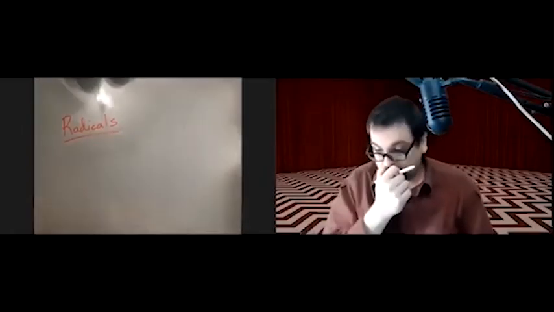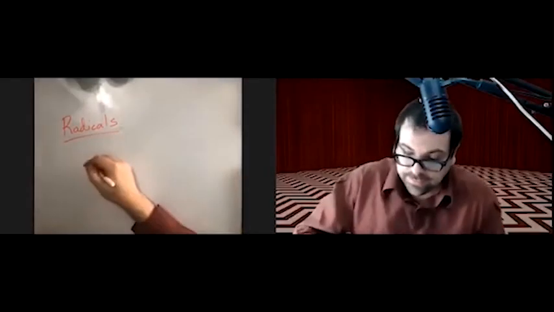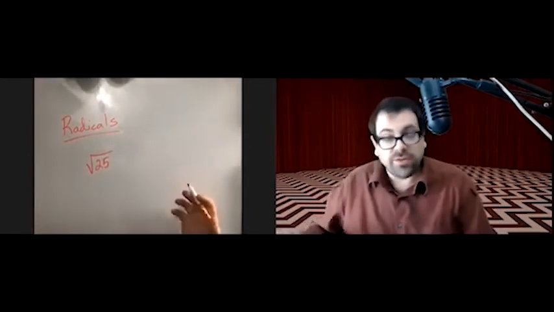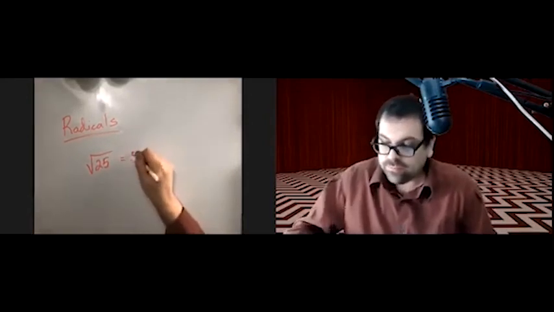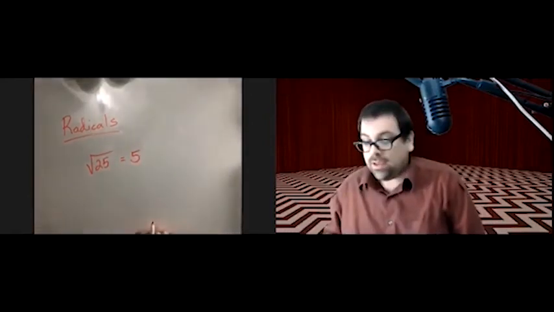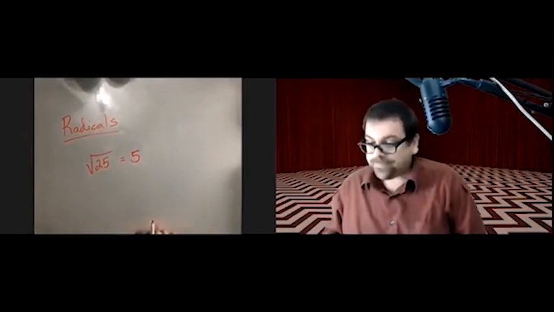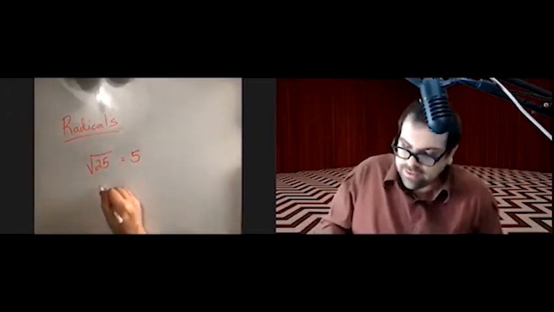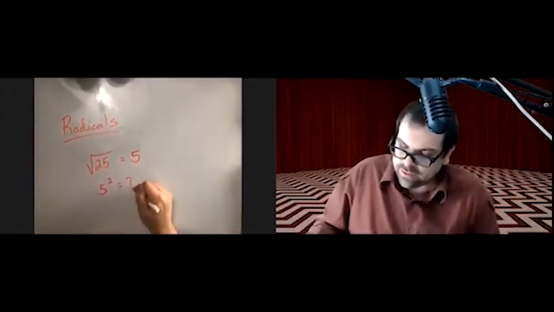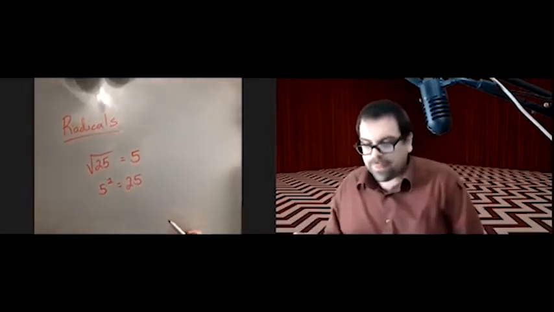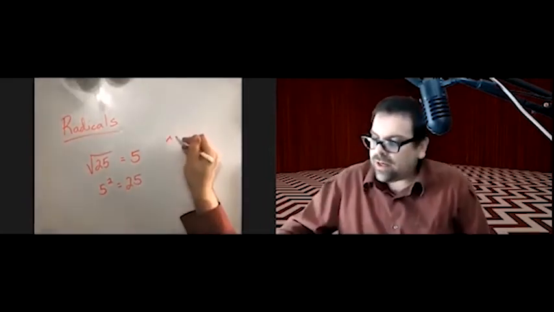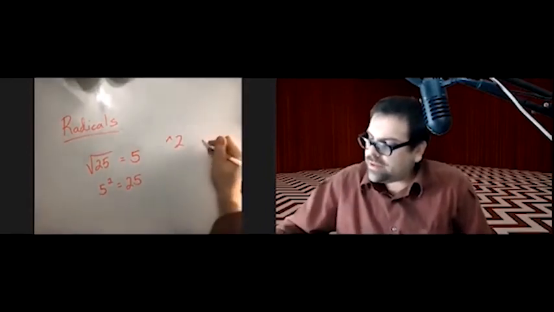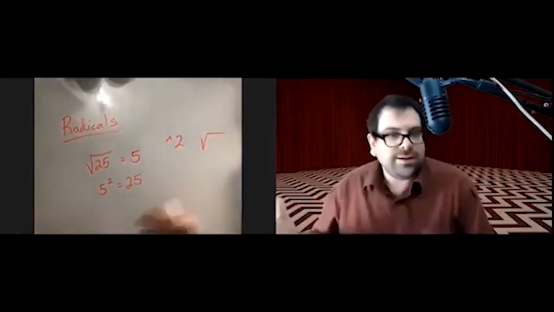Our experience with radicals has been, if we take the square root of a perfect square, we get a whole number. The reasoning is that 5 squared is 25, and squaring and square rooting are inverse operations.